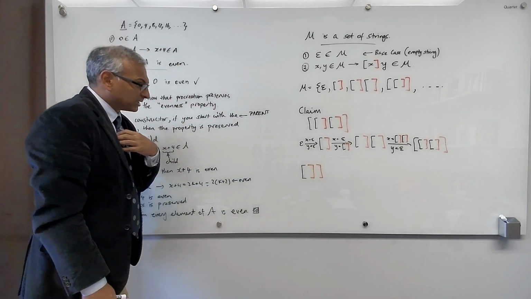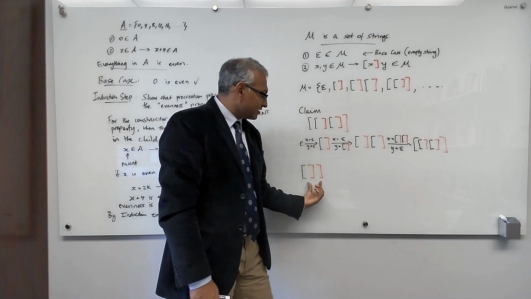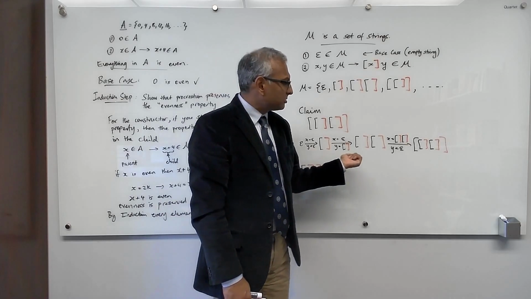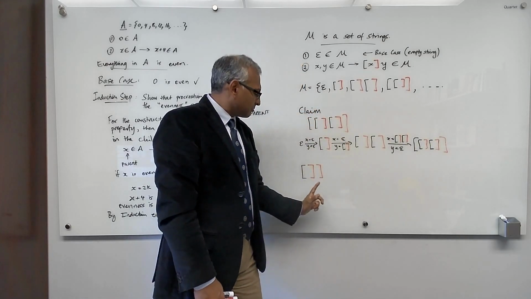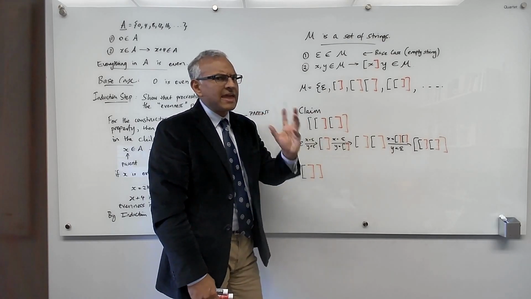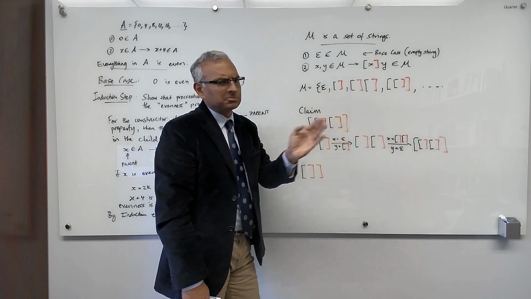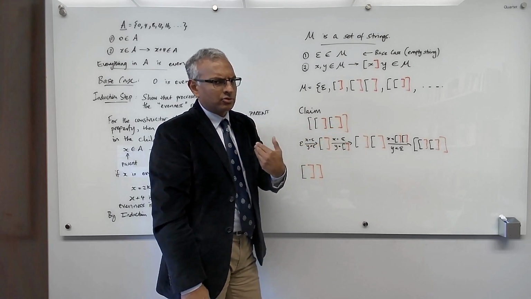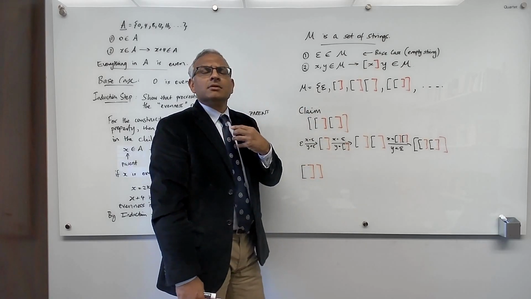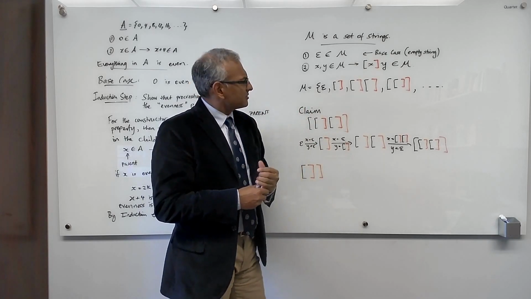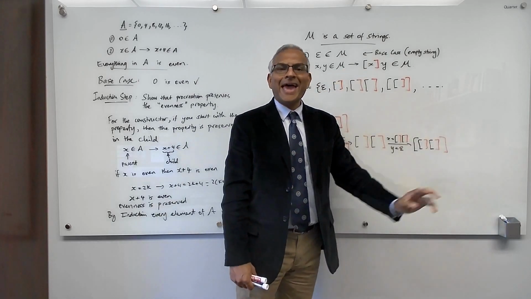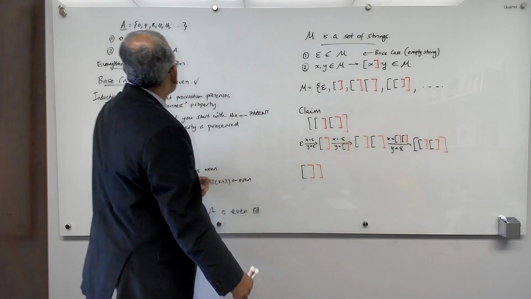uncomfortable thoughts, because when you think about how to prove that this guy is not in the set, you realize that you need to show that there's no possible derivation that can produce this guy. And how am I going to check every possible derivation? Complicated. So I'm going to show you an alternate way of proving that this guy is not in the set. The high-level philosophy is: figure out some property that every string in your set has, just like being even.